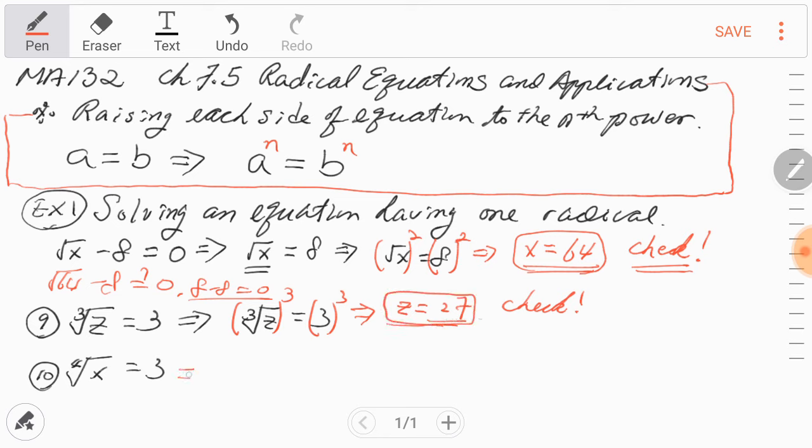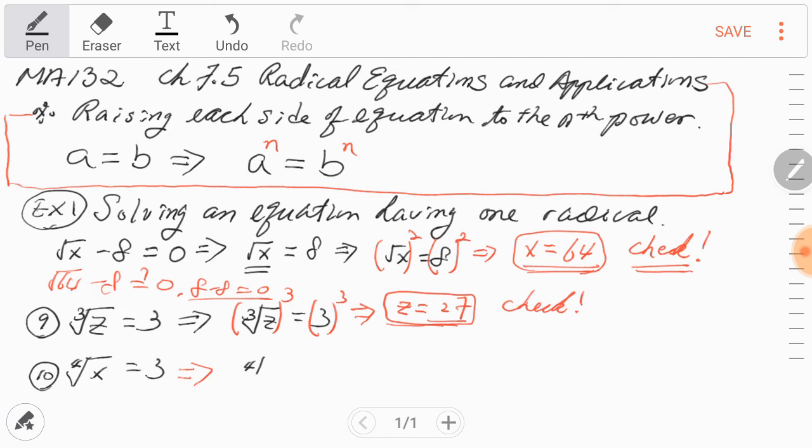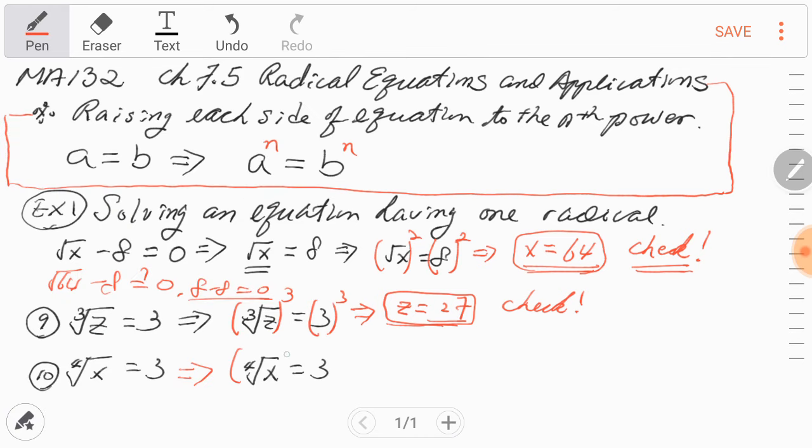How about the next one? This is the fourth root of x. Since the index is 4, why don't we raise each side of the equation to the fourth power? Then the left side of the equation is just x, and the right side is 3 to the fourth power, which is 9 squared, 81.